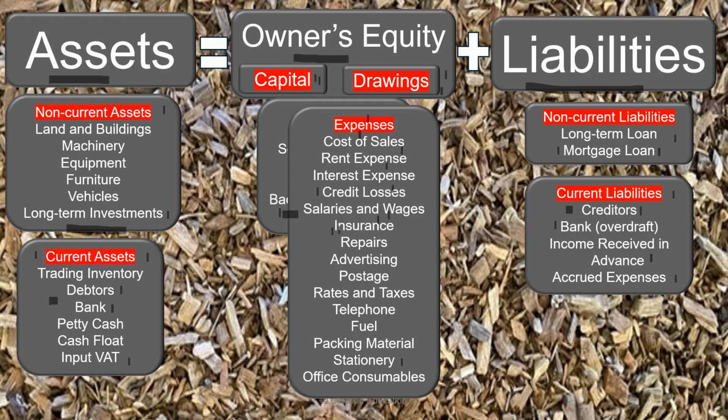So stationery unused, you can classify it as a current asset. Right, office consumables, things that are used up in the office, expense. So you know all these accounts now. And you know that too. What affects owner's equity? Capital, drawings, income and expenses. It makes the acronym DICE.